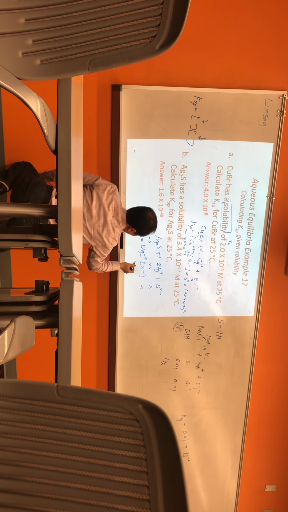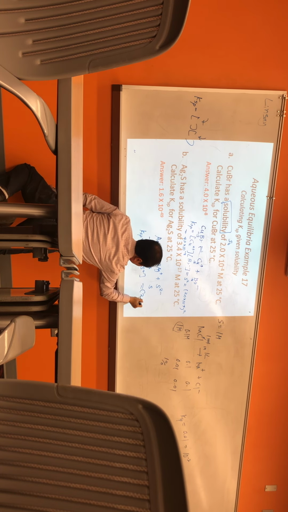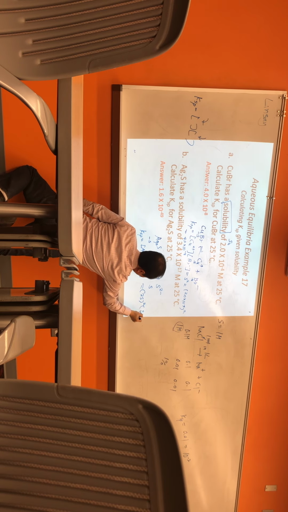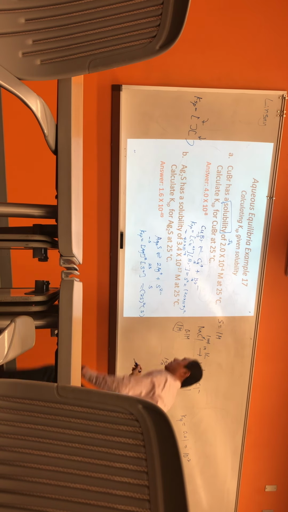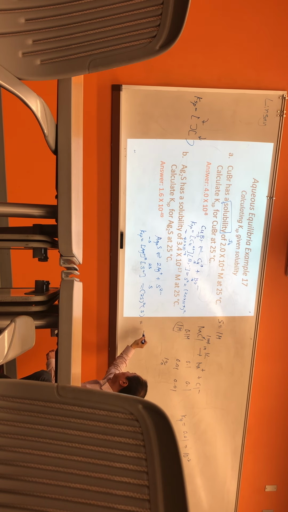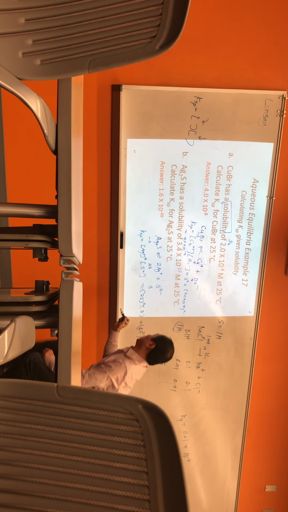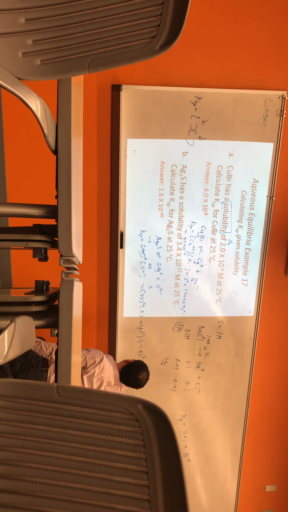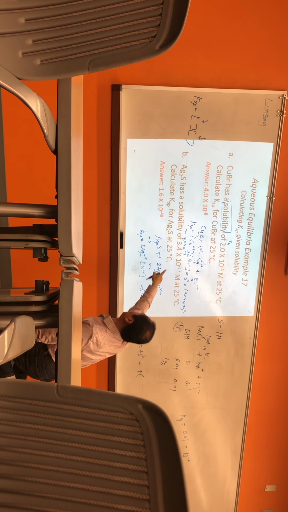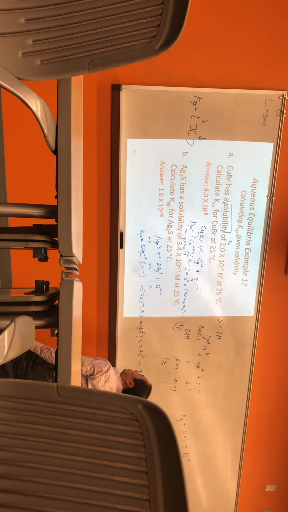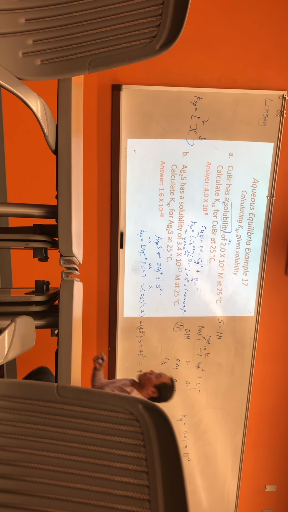So that means I have (2S) squared and S. So my KSP should be 4S squared times S, which is 4S cubed. Therefore, my KSP is 4 times solubility, which is 3.4 times 10 to the negative 17, cubed. You will have that number.